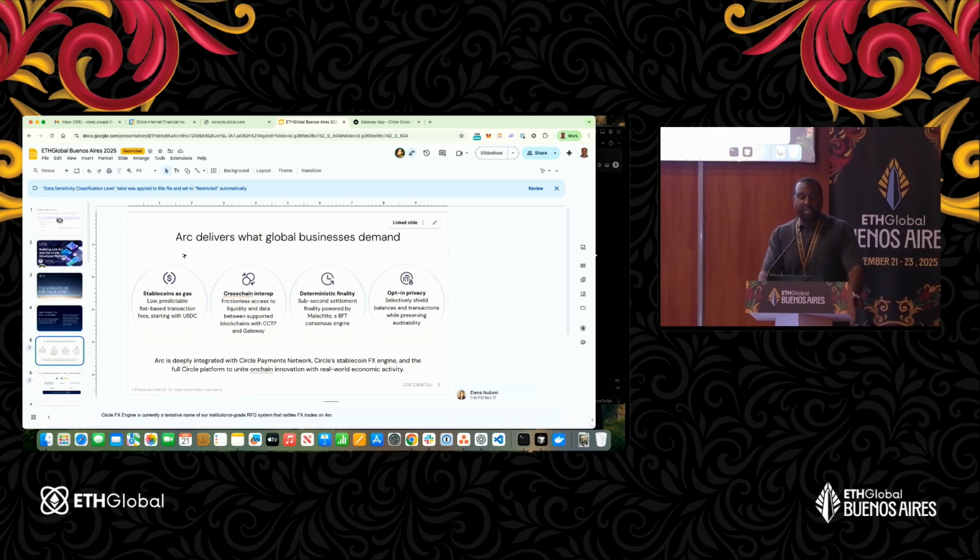One thing to note is that since USDC is a native gas token, we have two different interfaces. The native gas token USDC is in 18 decimals, similar to what you would see with ETH. Then we have an ERC20 interface that's 6 decimals, and that's what you interact with to take advantage of the ABI functions that you normally use when transacting with USDC on other EVM chains.